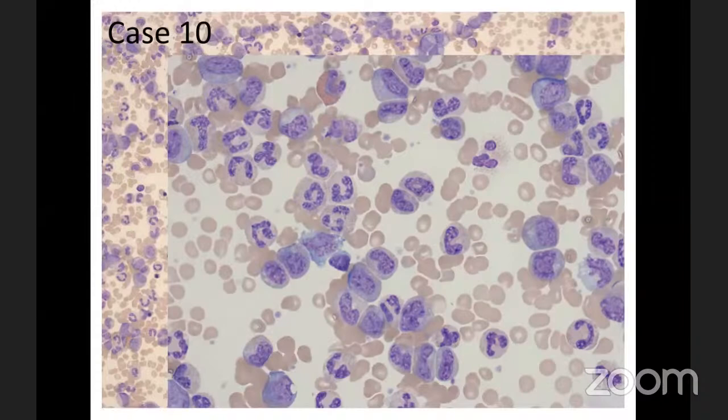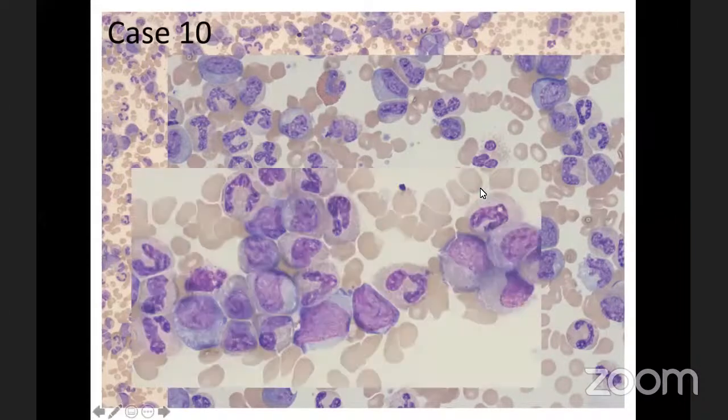I'm sorry about the pictures, but believe me, this is a very nice granulation. So I blame the camera. We have here a blast. So blasts, maybe this is another blast or a monocyte, could be.